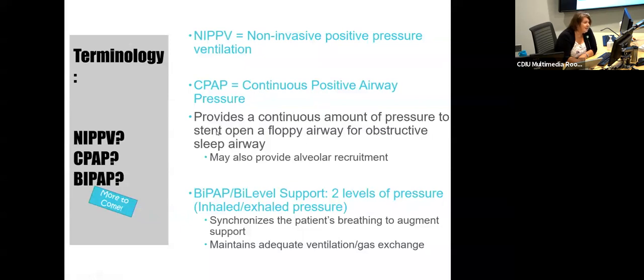It does not per se improve ventilation, whereas this bi-level support helps you clear CO2 and improves ventilation because it makes each and every breath more efficient.